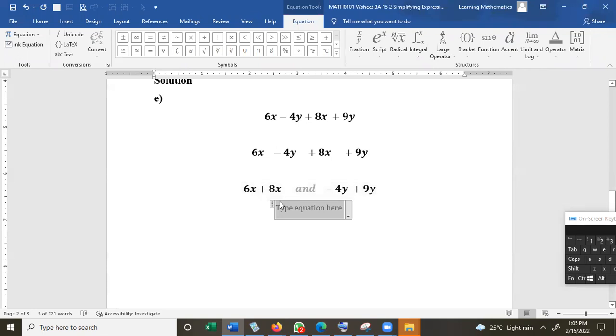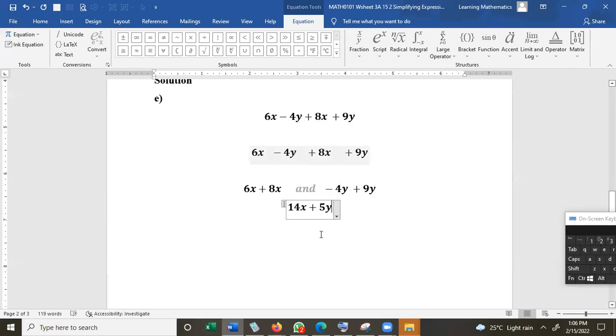It is not affected. 6x plus 8x will give us 14x. Subtract 4y from 9y. That will give us a positive 5y. Okay. So this is a simplification of this expression.